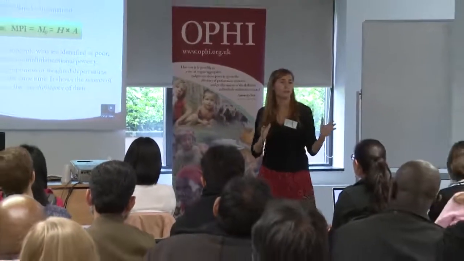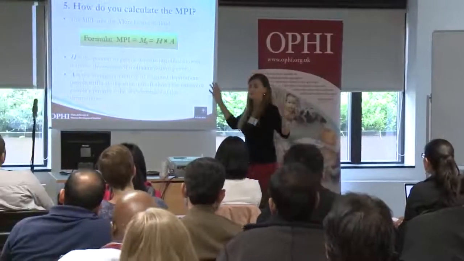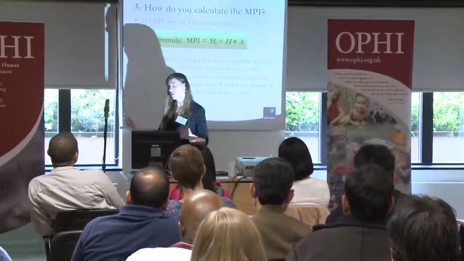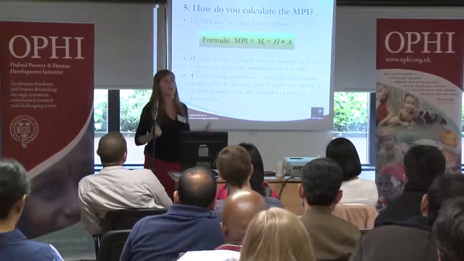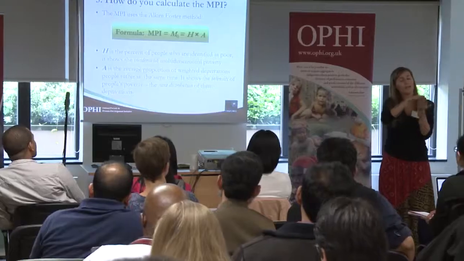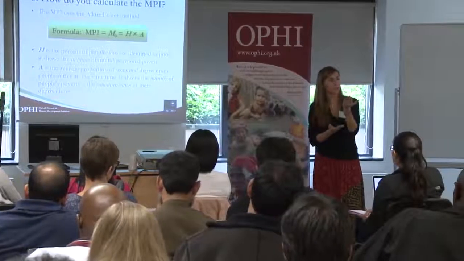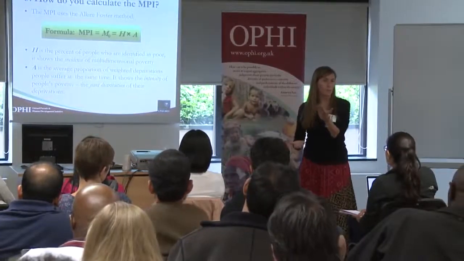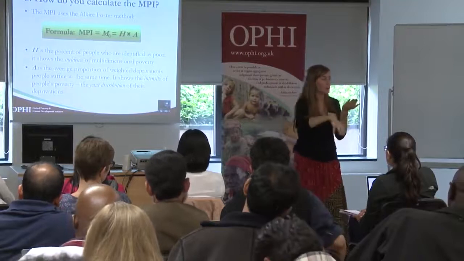1/3, perfect. Oh, this is great, you are the best students, because usually people say 0 or 5%, because in living standards it's 5%. No, that's perfect, it's 1/3. Because if people are deprived in less than 1/3, then they are not identified as MPI poor. They don't take part in this average.